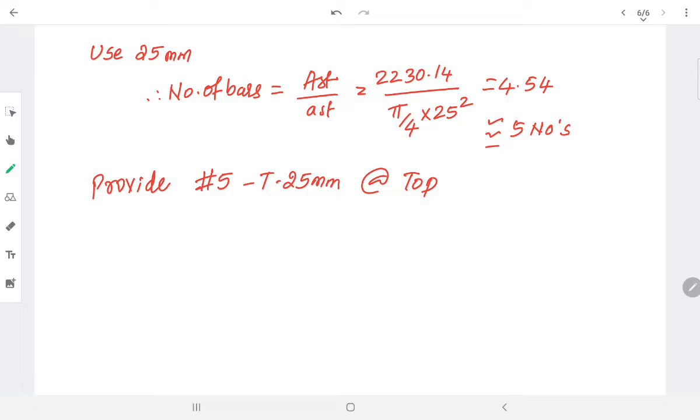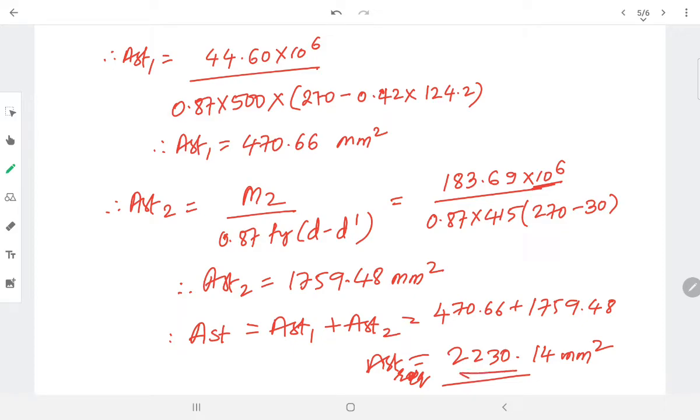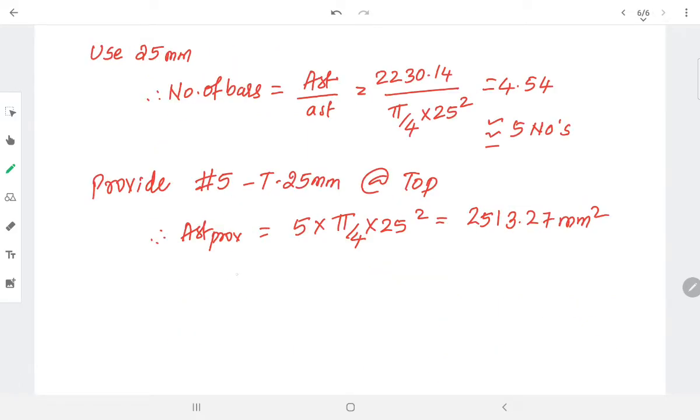Now I need to find AST provided. AST provided is 5 numbers of 25 mm bars. When you solve this, you will get AST provided as 2513.27 mm square. Required AST is 2230, and provided is 2513.